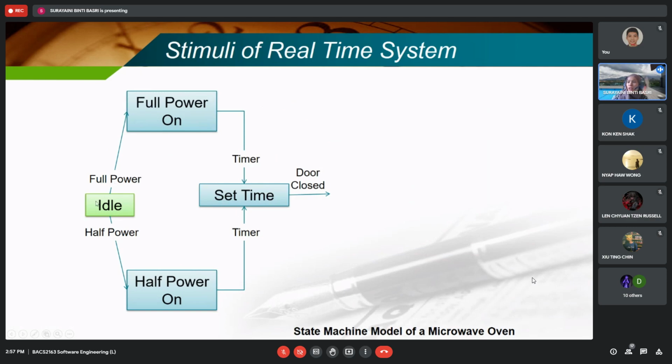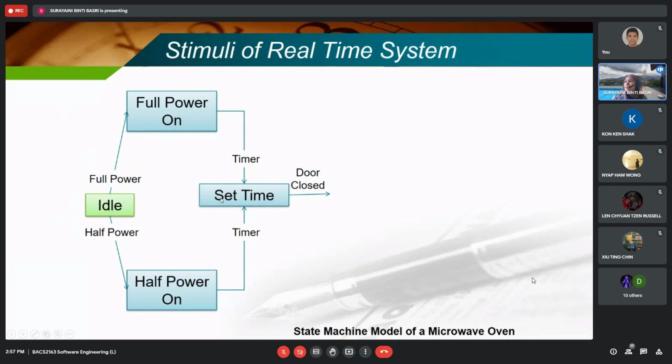In this case, the microwave oven has two types of stimuli, which is the full power on or the half power on. But both stimuli, or the external events, will cause the timer to be set.